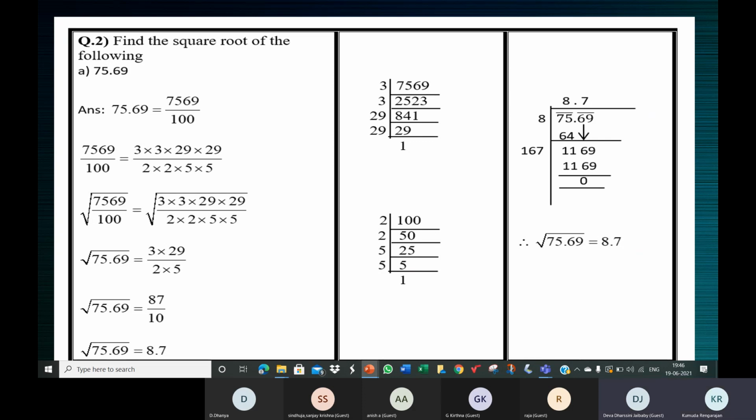Ma'am, I had some network issues. What do we have to do, ma'am? Do we have to copy? No. I have announced a question. Find the square root of 285.61. Write it down, Danya.